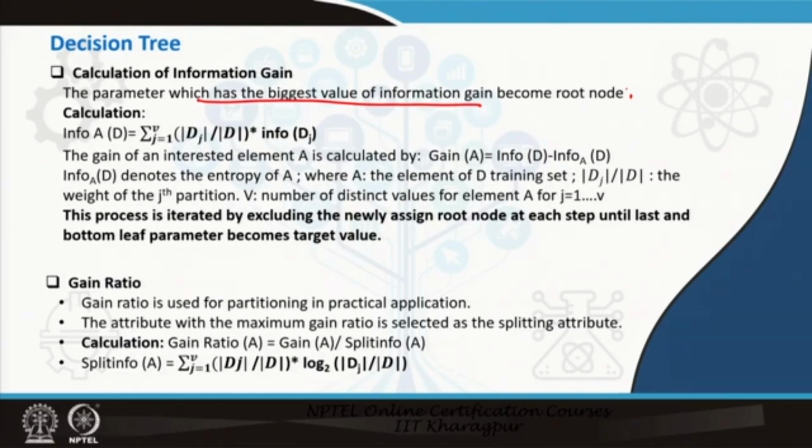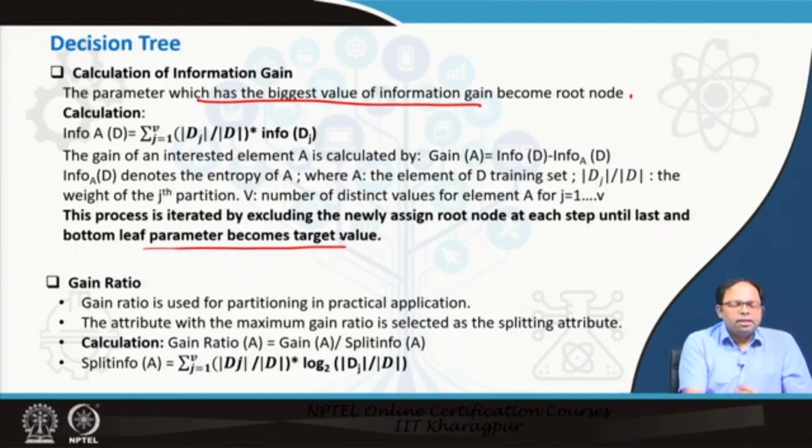We keep doing this iteratively. This process is iterated, excluding the newly assigned root nodes at each step, until the last bottom leaf parameter becomes the target value.